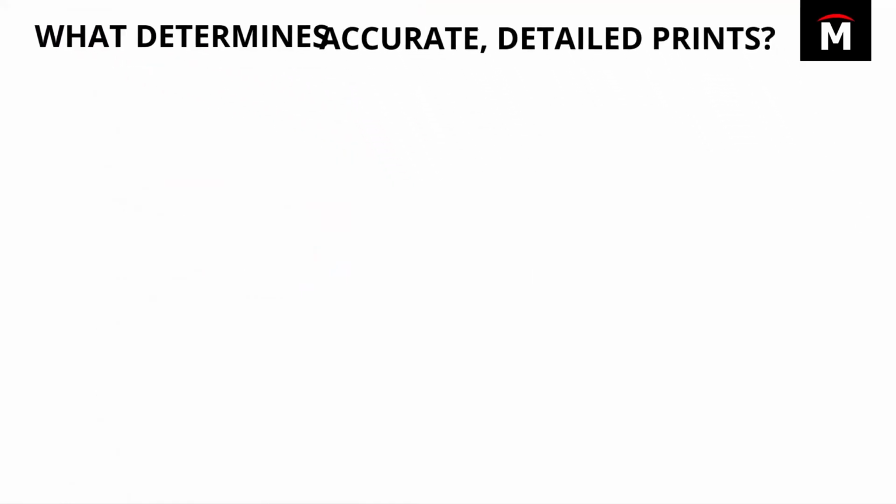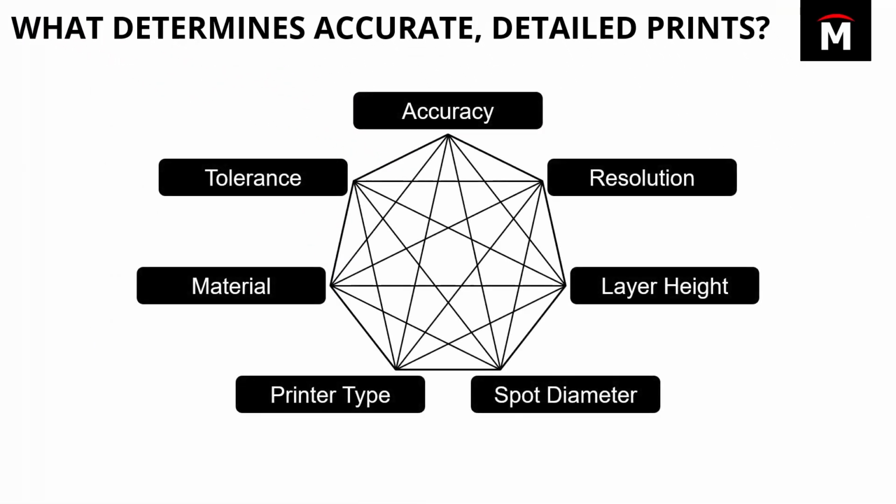Now, what determines this is what I like to consider this web. You've got accuracy here at the pinnacle, and you've got all these different factors that tie into it. So you've got your printer's resolution, which a lot of people mistake for accuracy.